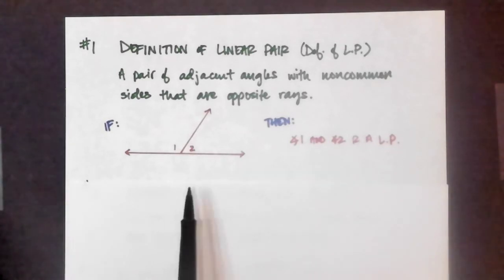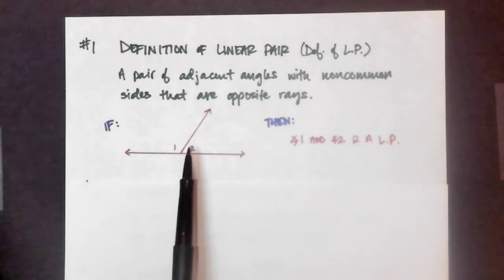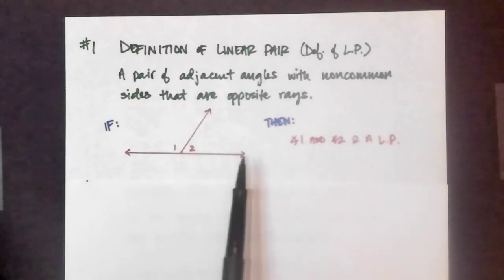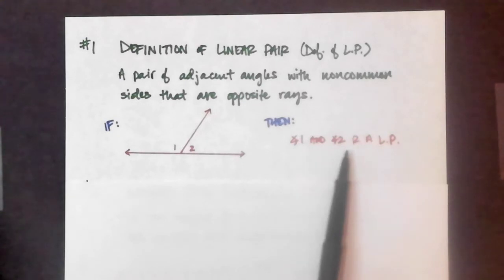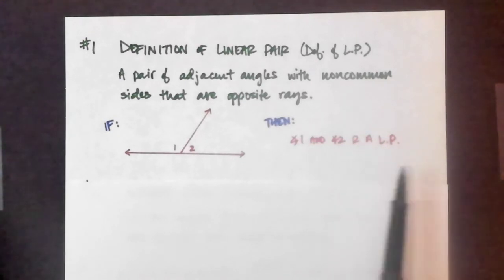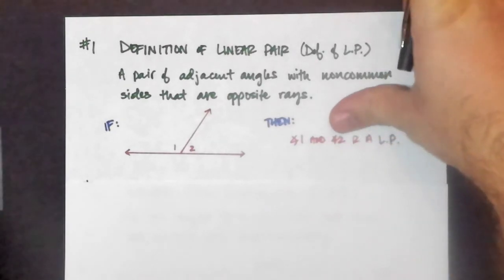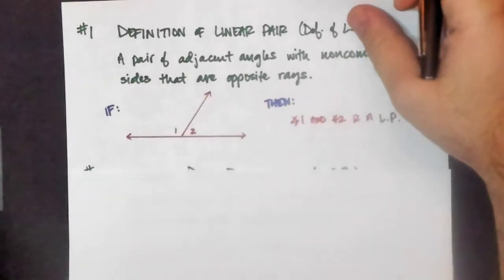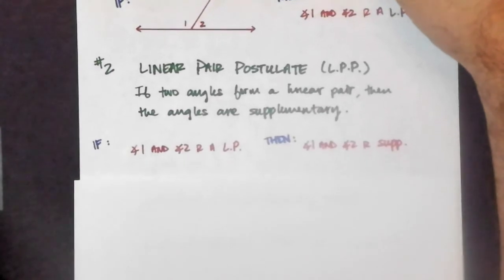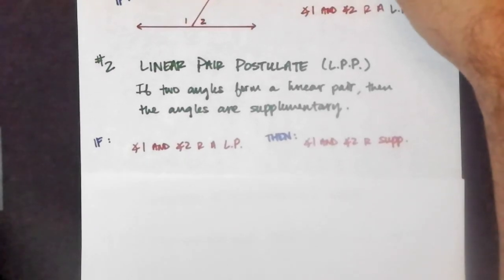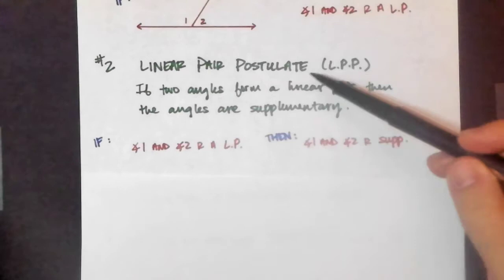So just as before with vertical angles, when you're given a figure that looks like this, you can use the definition of linear pair to identify the pair of angles that are that linear pair. Now from there, we don't just want to stop at saying these are linear pairs, we want to start to make conclusions about them. And the first thing that we have to do is use the linear pair postulate.